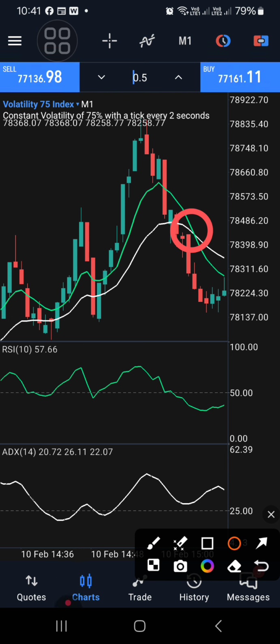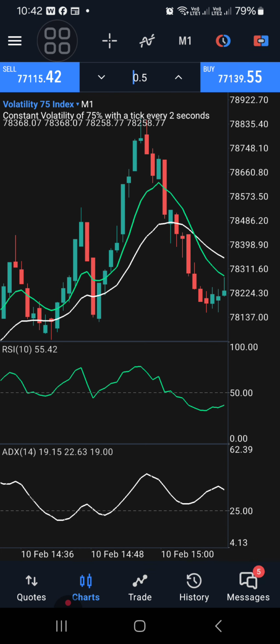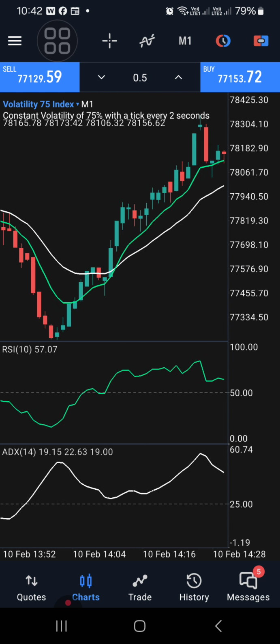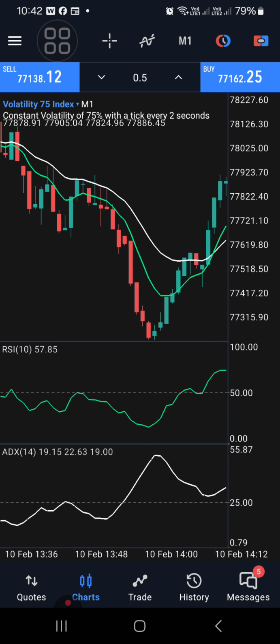We can use a risk to reward ratio, where we first identify where we're going to place our stop loss, then multiply it by 2, and we get our take profit. Or we can stay in the market as long as the fast moving average stays above the slow moving average. So this is a perfect example of how we can buy.